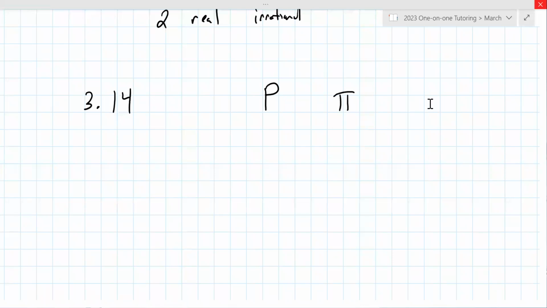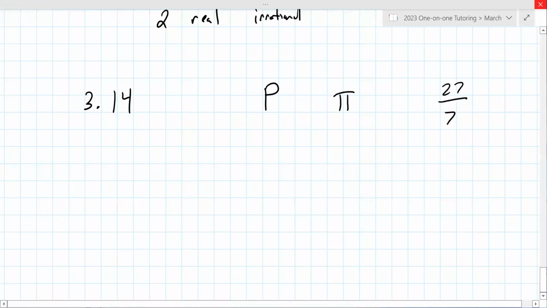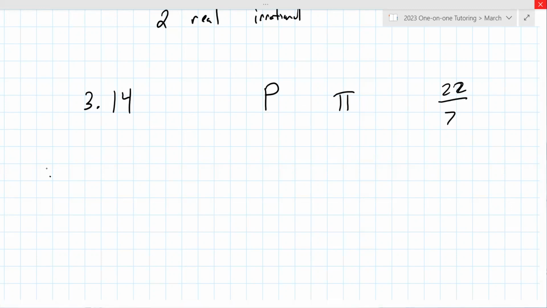If you use 22/7, I think there's some way you can get today to work too. Keep that in mind for next year. Don't get caught off guard.